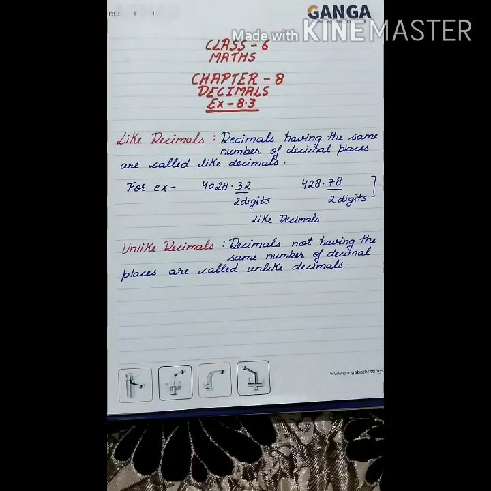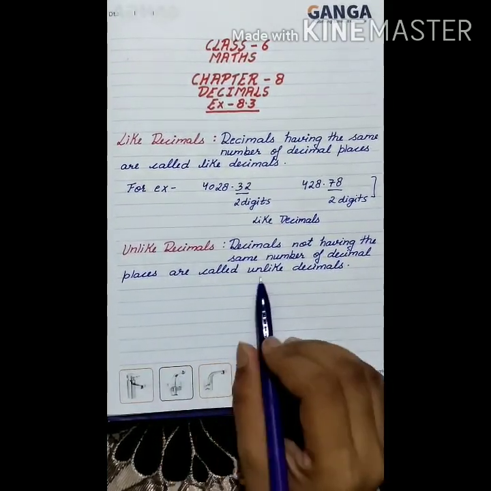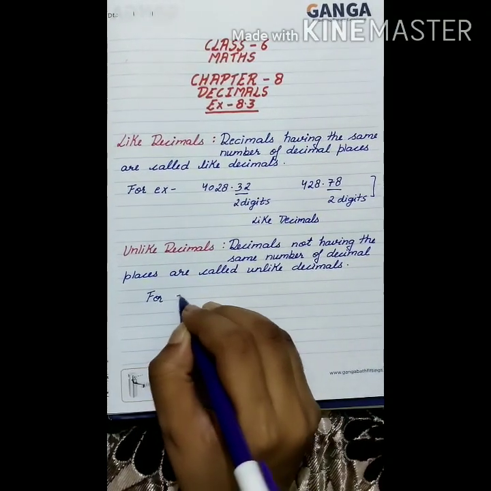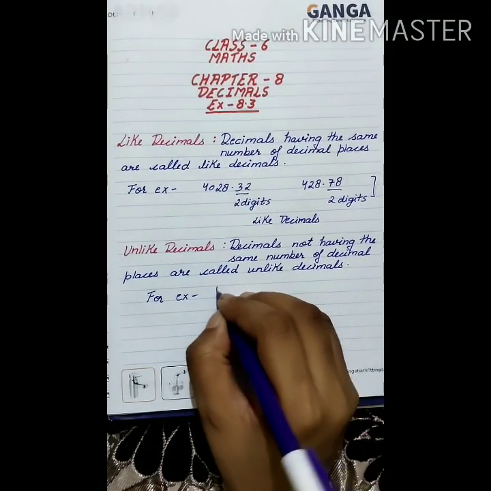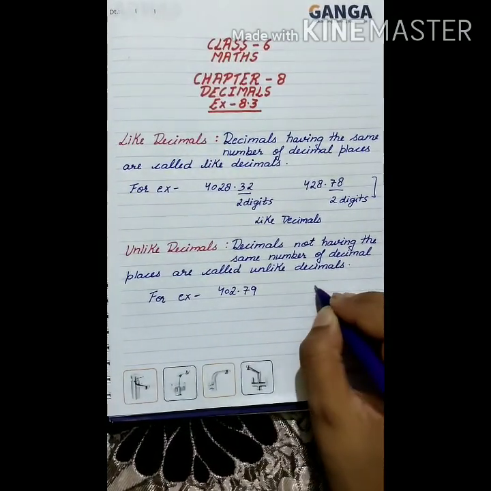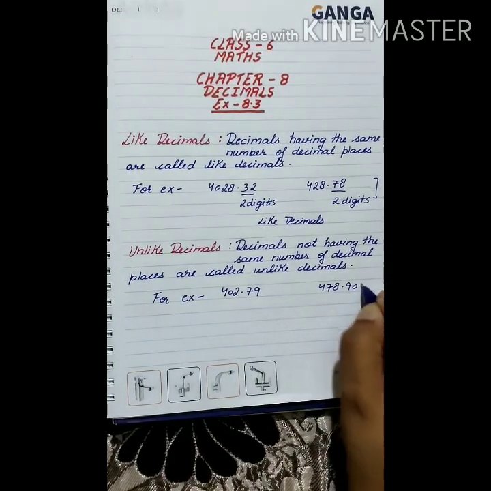In simple words, we can say that decimal numbers having the same number of digits to the right side of the decimal point are called like decimals. Second, unlike decimals. Decimals not having the same number of decimal places are called unlike decimals. For example, 402.79 and 478.902.